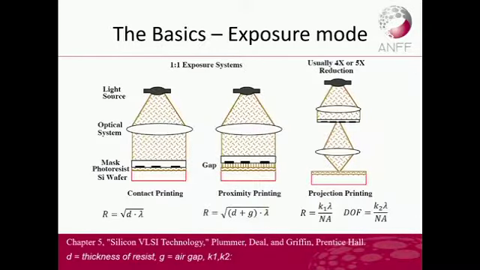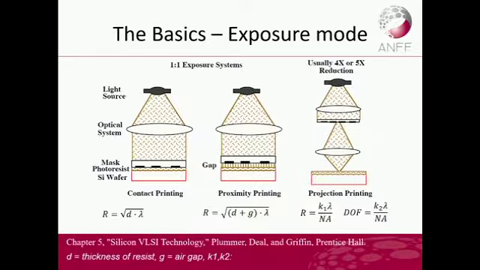Okay, the next basic for photolithography is the exposure mode. Again, there are 3 types: contact printing, proximity printing, and projection printing. Contact printing means that you bring the mask in close contact with your photoresist and apply a force so that you get a very good transfer of your pattern onto your wafer.